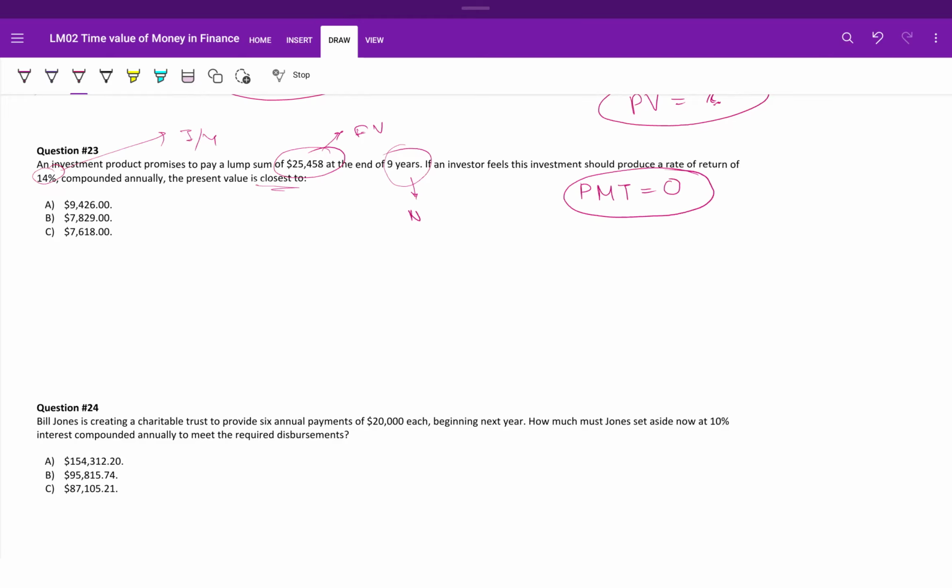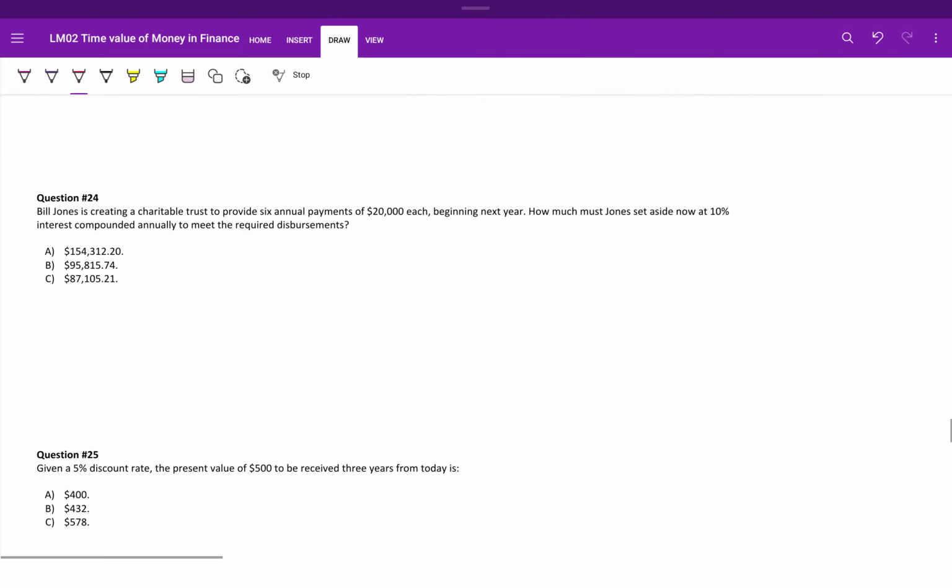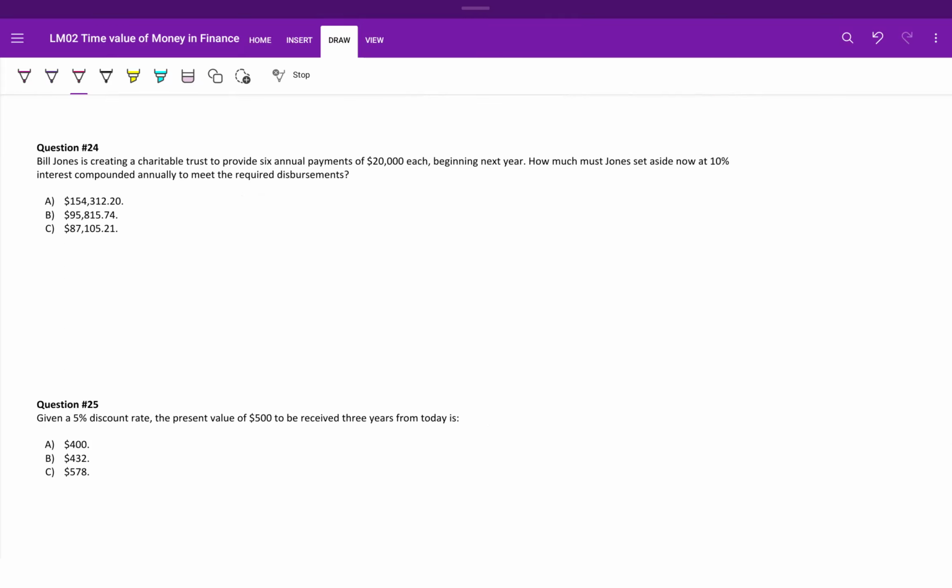What we have to do is simply plug in these numbers in our calculator and we will be able to calculate the value. I hope as of now you are practicing these questions on your calculator. It's very important that you start practicing the functions of the calculator so that you get familiar with them.